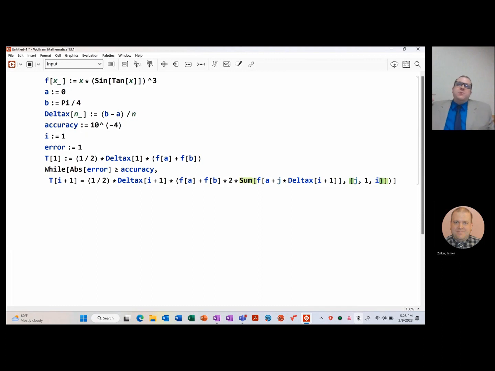Because it's i plus 1 minus 1, right? 1 less than the number of subintervals. Those are curly braces, yes. Oops, I don't want a comma. Semicolon. So it's going to calculate the next T. Then what I want it to do is calculate the error.